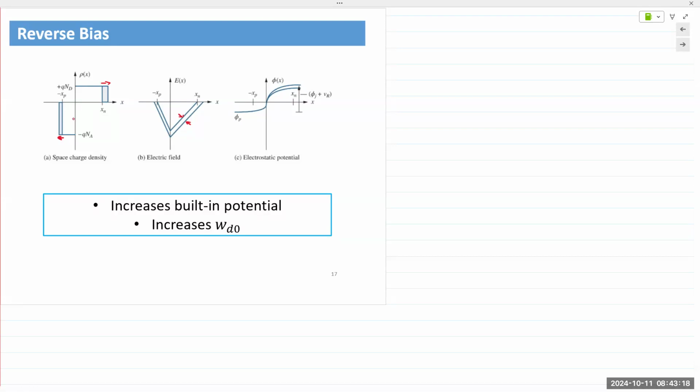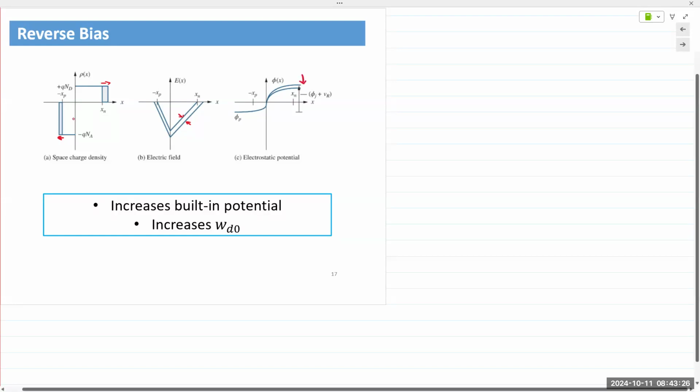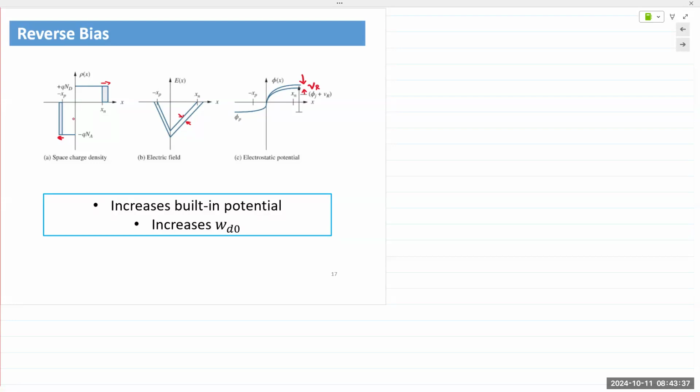So now you have more ionized atoms on either side of the junction. And that also increases because the electric field increased. It also now increased the junction potential. You need more voltage to overcome that depletion region width, right? So reverse bias, simply stated, depletion region width increases, that increases everything.